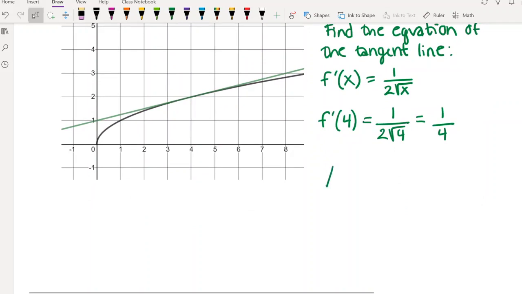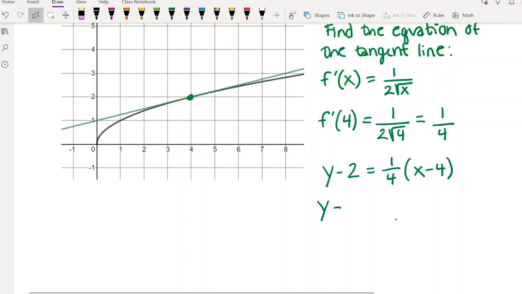And so now we can put it into point slope form and then translate that into, in this case, mx plus b form. So if we write this in point slope form to start, we have y minus 2, because the point that we're focusing on here is the point 4, 2. So y minus 2 is equal to 1/4 times x minus 4.